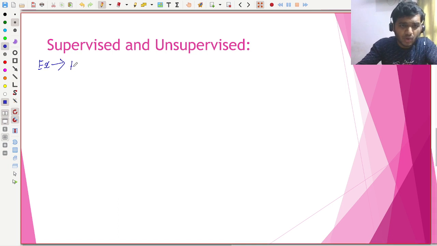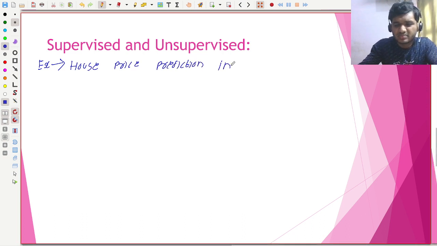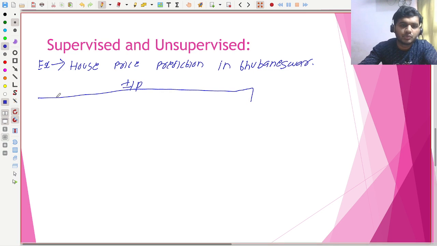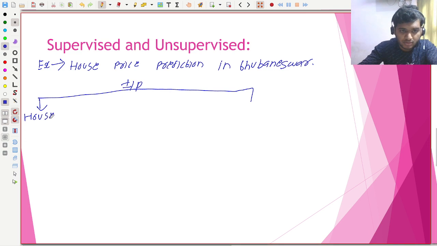House price prediction in some town, suppose Bhubaneswar. Here you give input. Your input is first the house size. After that you give the number of rooms.